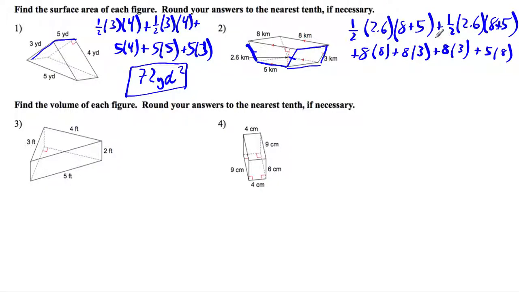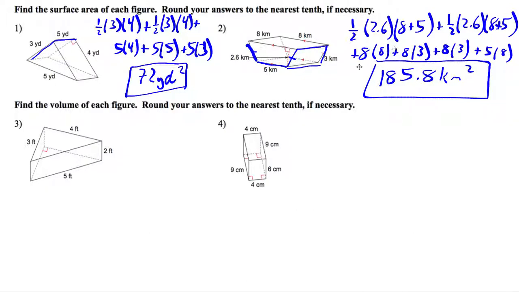It's going to be 33.8 plus the 8 times 8 plus the 8 times 3 plus another 8 times 3 plus 5 times 8. This is going to be 185.8 kilometers squared, assuming I did my arithmetic correct there.